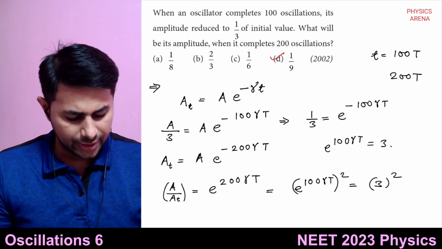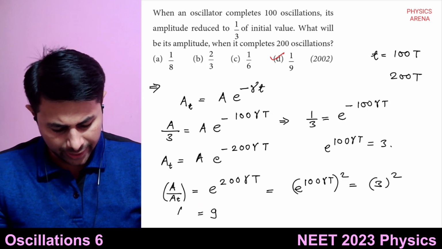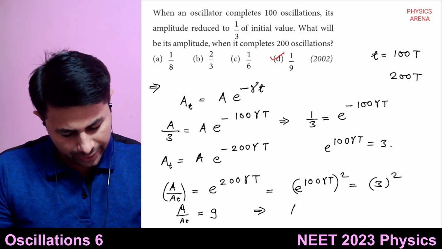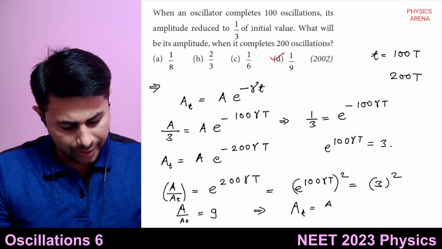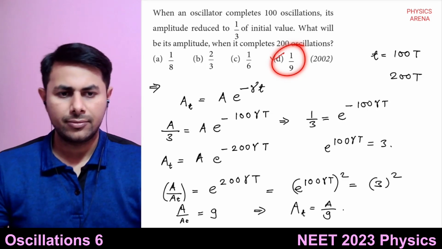What is 3 square? 3 square is 9. So A upon A2 is equal to 9, and that means A2 equals A upon 9. So option D is the answer.